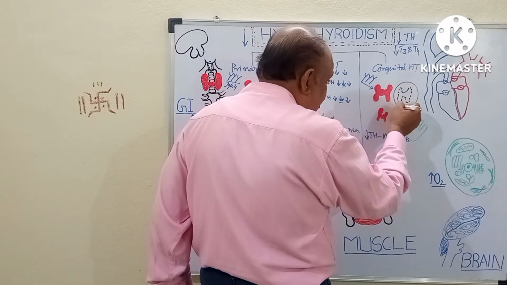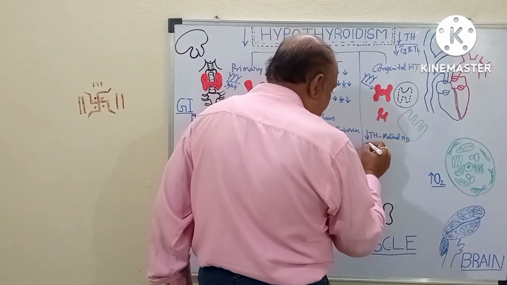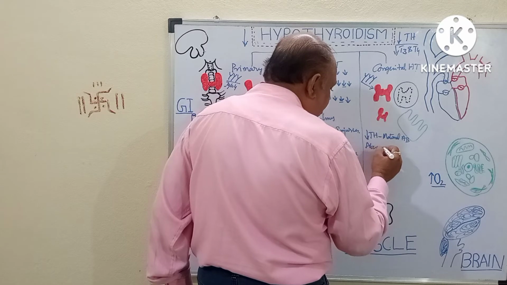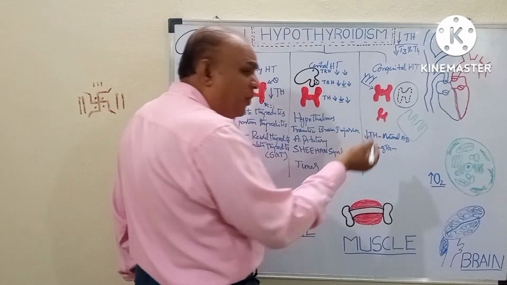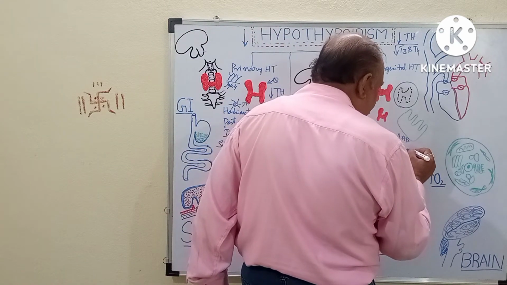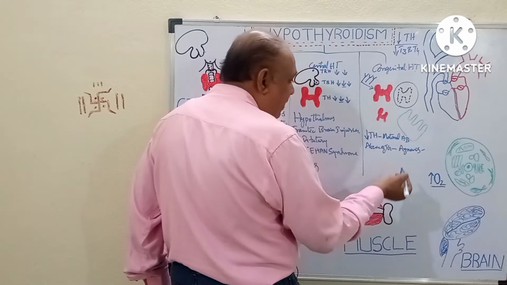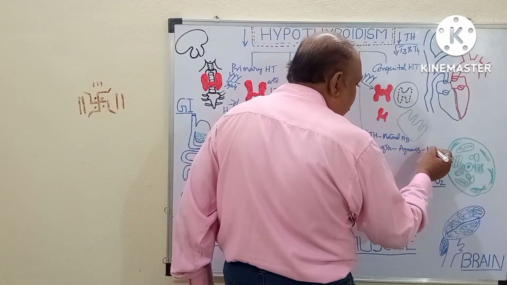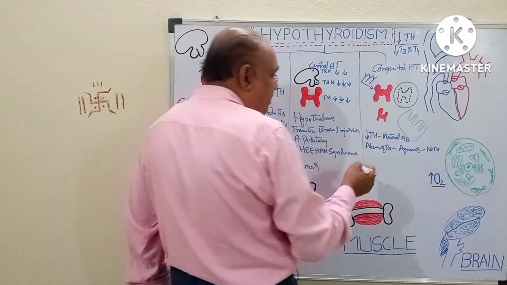If there is no thyroid gland formation, that means absence of the thyroid gland. What is it called? It is called agenesis. Where there is no thyroid gland, there will be no thyroid hormone secretion, which leads to hypothyroidism.